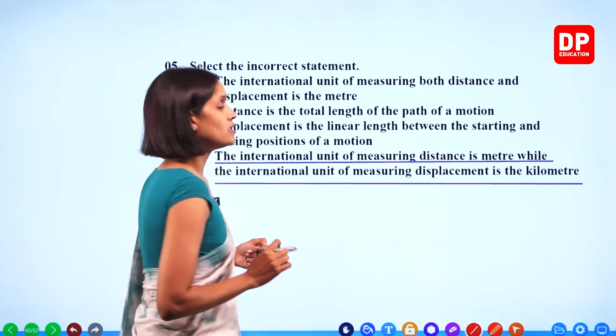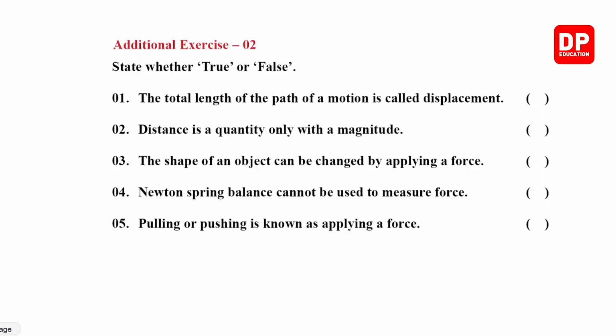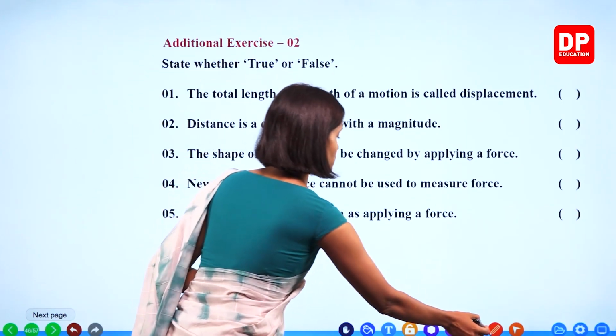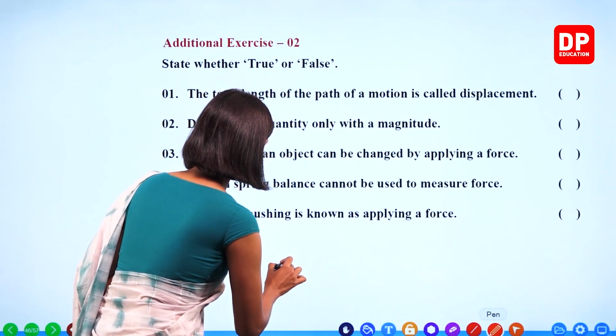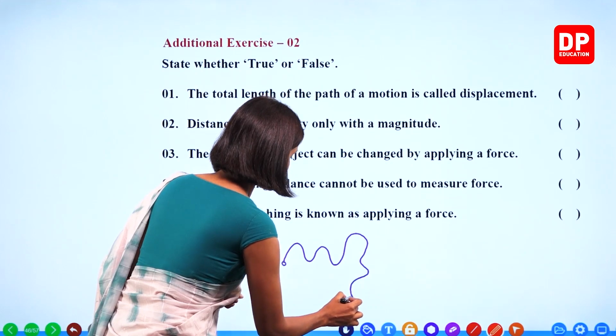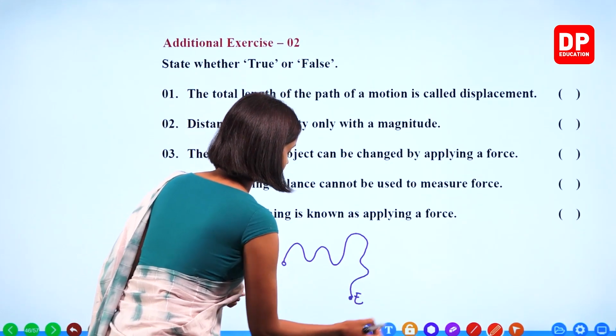Okay. Right, children. We'll move on to the next. Exercise number 2. State whether true or false. The total length of the path of a motion is called displacement. So if you consider the motion, if this is the start, and if an object moving like this and coming to this point, this is the start, this is the end.